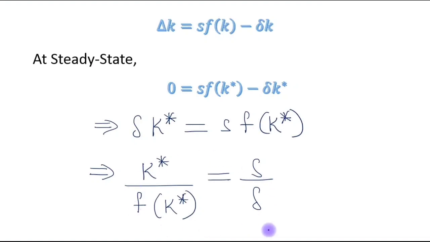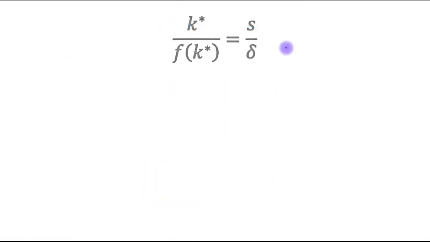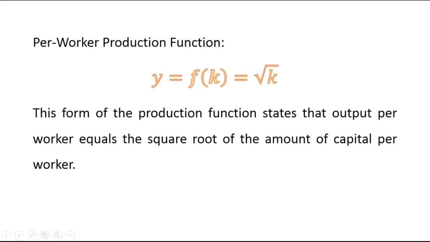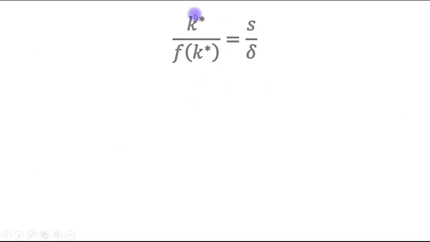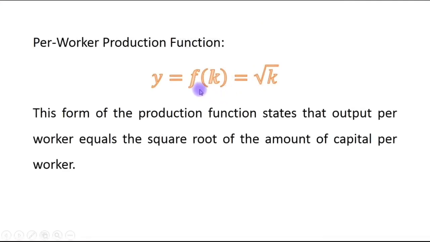So at the steady state, using this equation, we need to find the steady state level of capital, and we find the value of k star from s and depreciation.